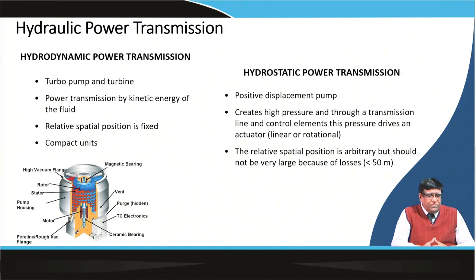If you see this diagram of a turbo pump, the main thing is that there is a rotor and there is a stator. Now, this rotor is rotating, and the fluid is moved. This type of pump, for a turbomolecular pump, is where the gas is moved when the rotor moves against the stator, and the main operation is given from this motor.